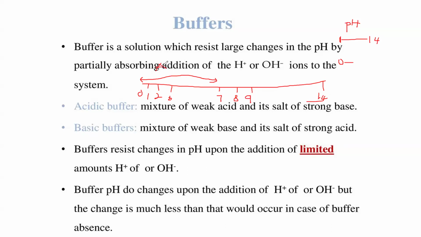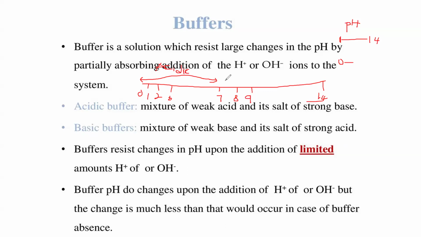So if you measure the pH of a particular substance using a pH meter and you observe a pH between 0 and 7, that tells you the substance is acidic.